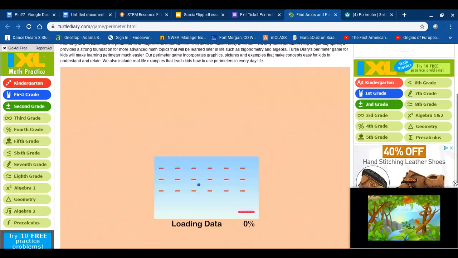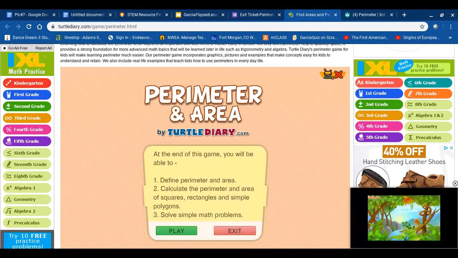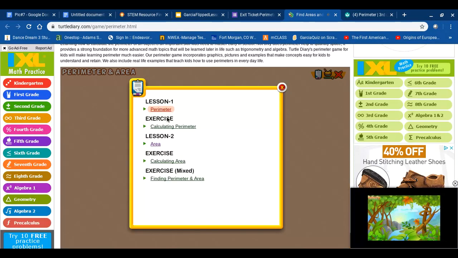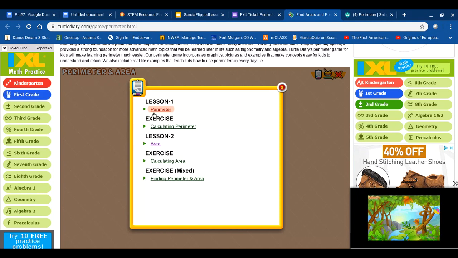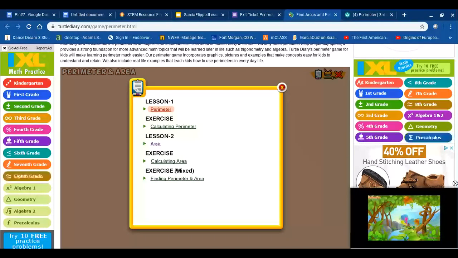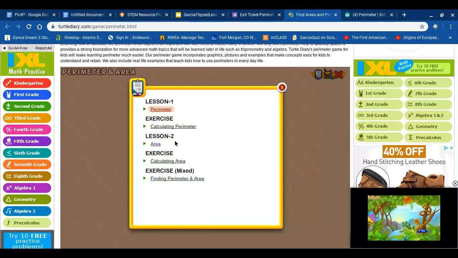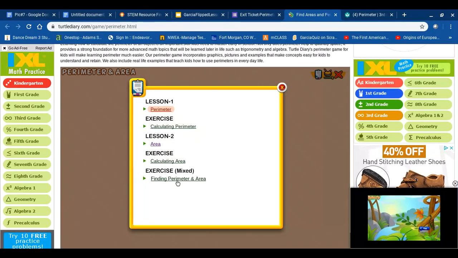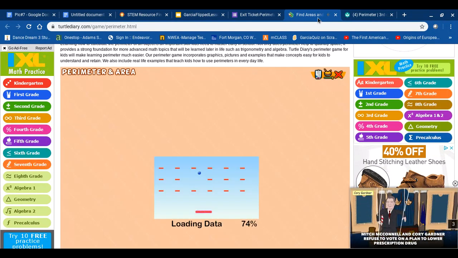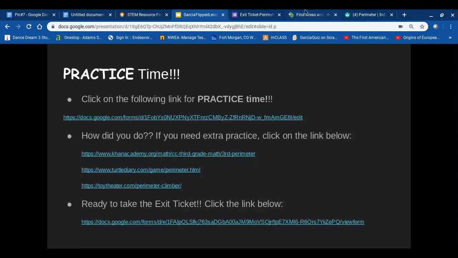Yay. Okay, so here we go. It says if you want to play, make sure that you say yes. There are 2 lessons with exercises. So you are just responsible for perimeter. We will be doing area, but if you want to try area as a review, we will be finding perimeter and area soon together. So perimeter. All right, friends.